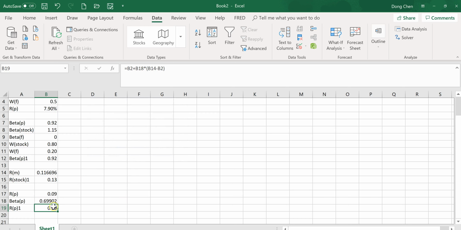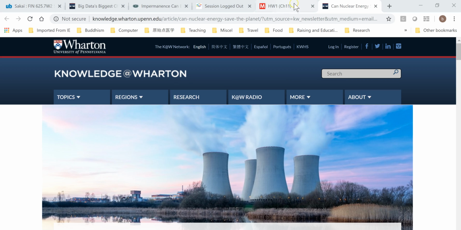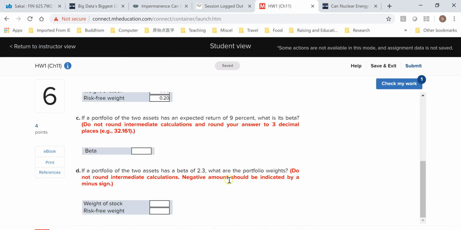So see, I figure out only when beta portfolio is 0.69902 will the expected return of the portfolio be exactly equal to 0.09. Go back to the rounding requirement.